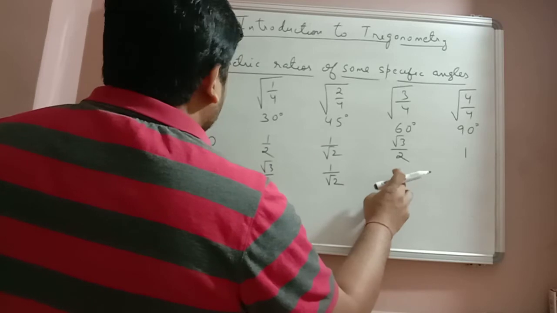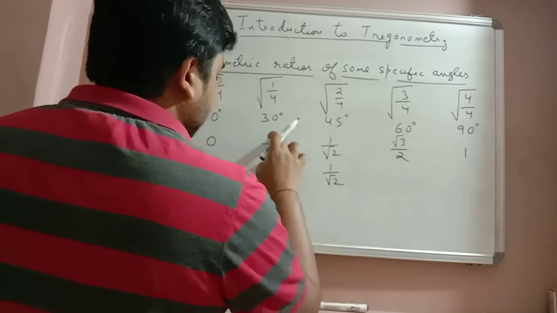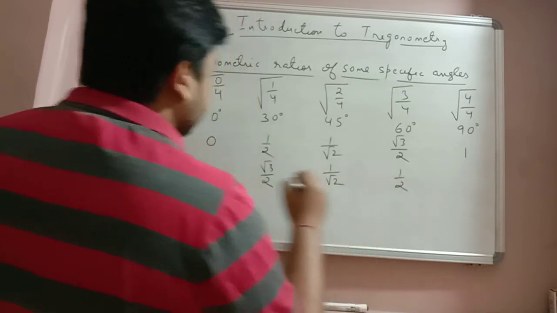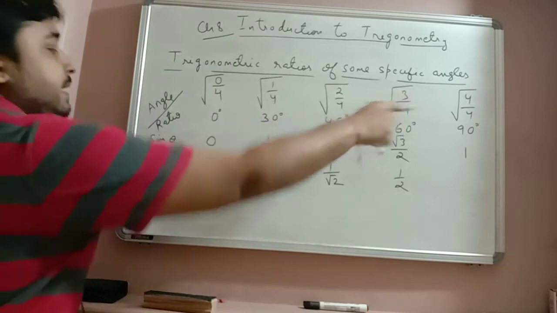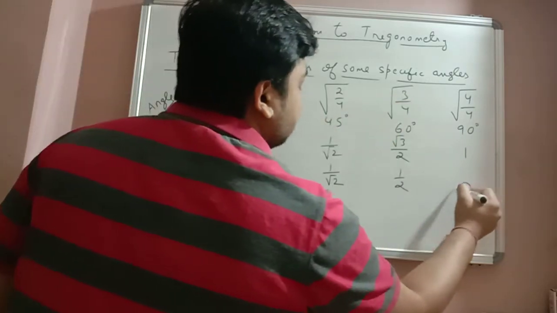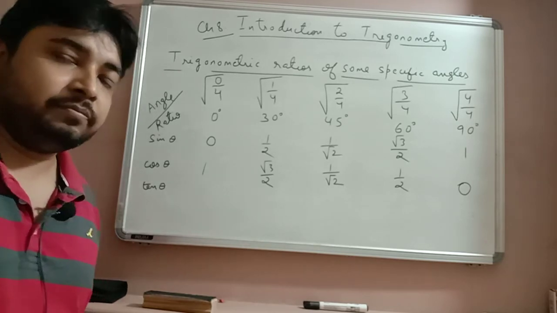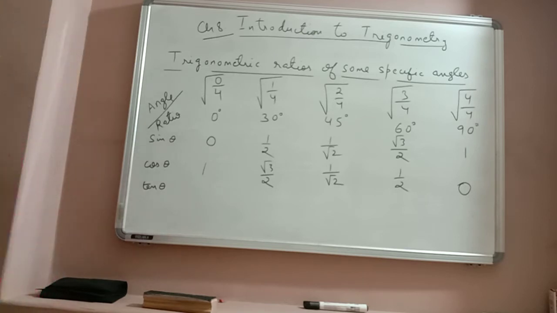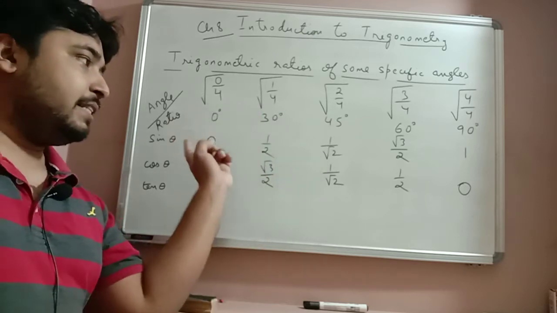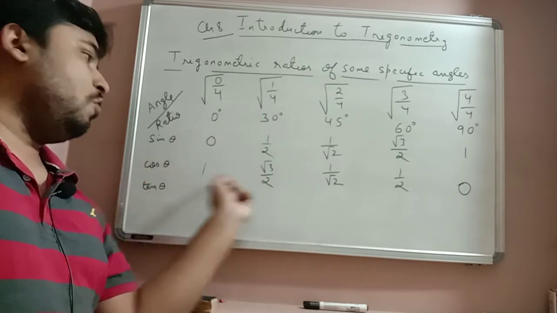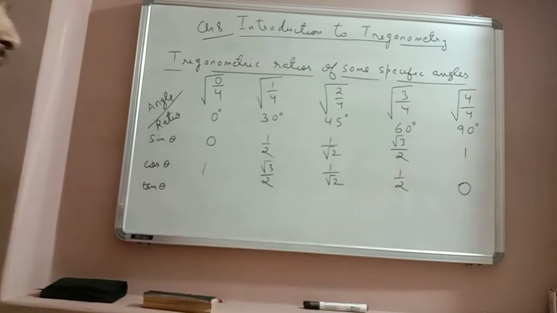Then cos 60 degree will be 1 by 2, and cos 90 degree will be 0. I hope this is clear to everyone. So by just reversing the row of sine, I will get the row for cos.